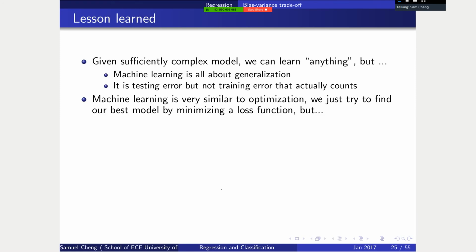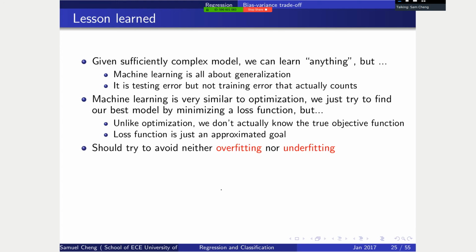So this is a quick summary. I guess it's trying to give you a very simple overview of machine learning, because this captures many concepts in machine learning. What machine learning does eventually is just trying to fit data.